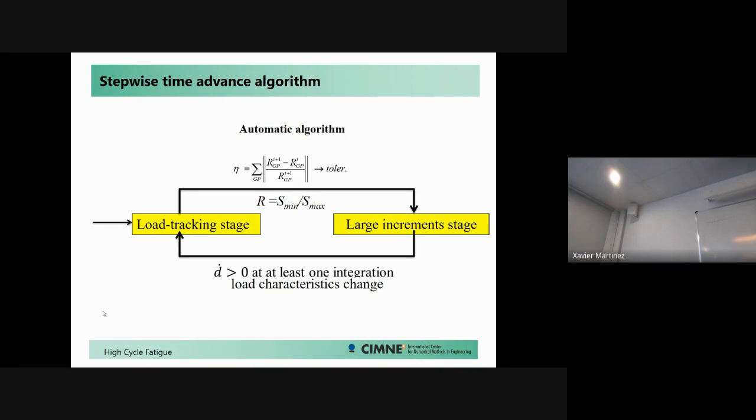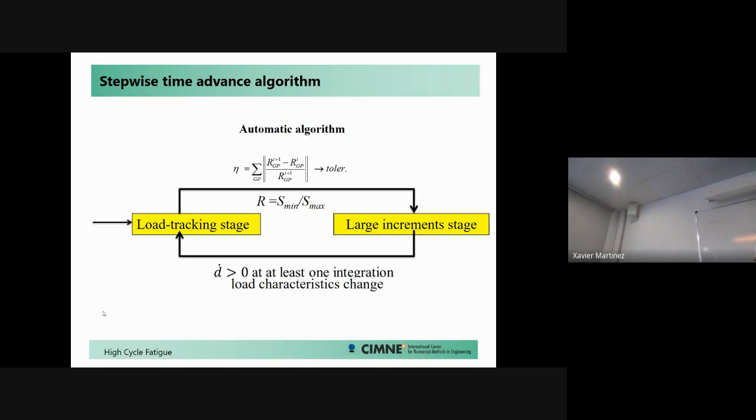And how does the simulation run? Well, we start with the load tracking stage, I'm going to call it, which is a small increment stage, okay? We are monitoring the stress state inside our solid. We see that everything is stable. We go and we apply large chunks of numbers of cycles. And then we check to see, okay, do we have damage at least at one integration point inside our solid?